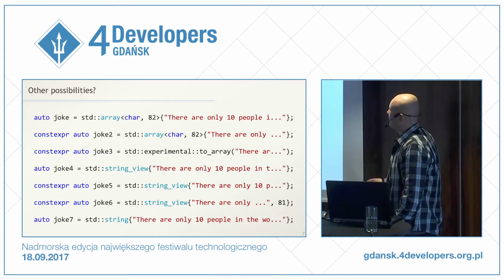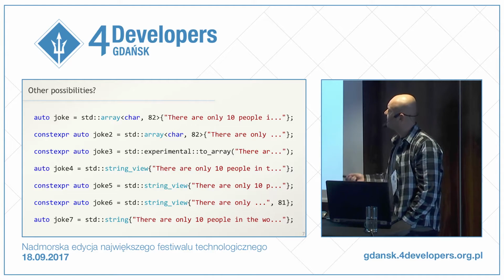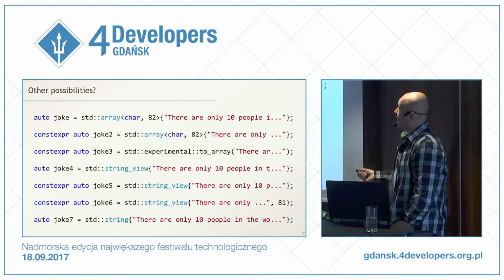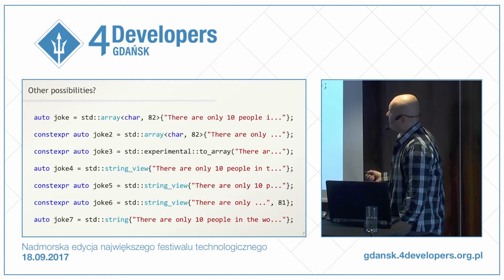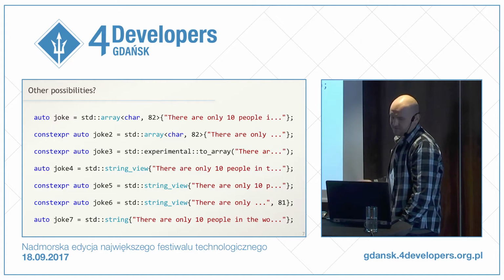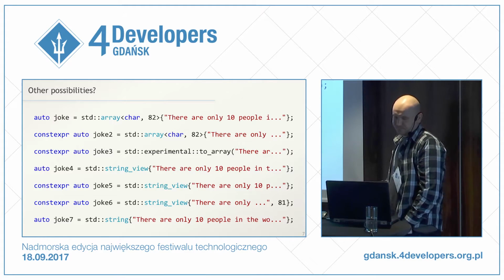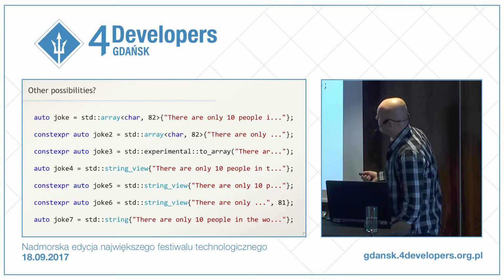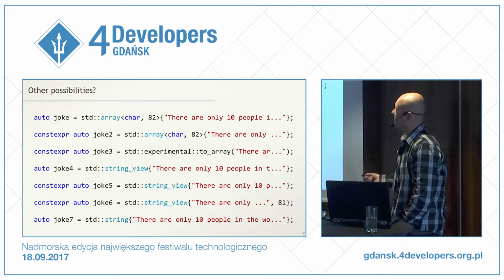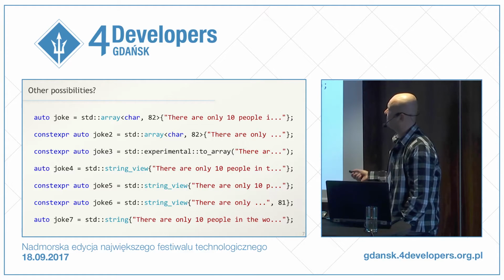However, we can do it constexpr, and it will finally work. We can use to_array, okay, and with constexpr, so it looks like an ideal solution, right? But when I was trying this, only GCC 7.1 was able to compile it in this form.